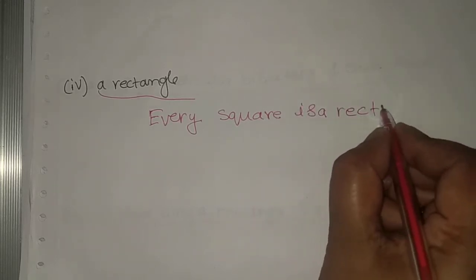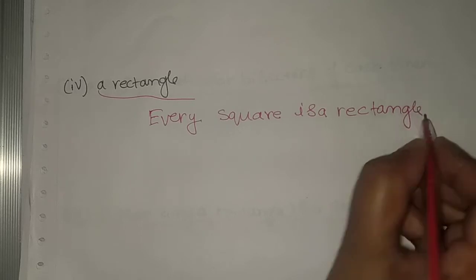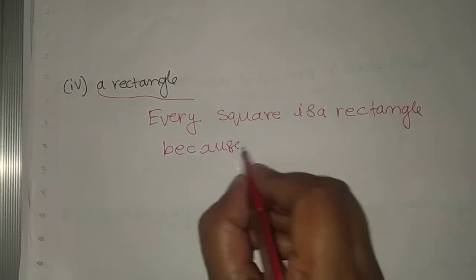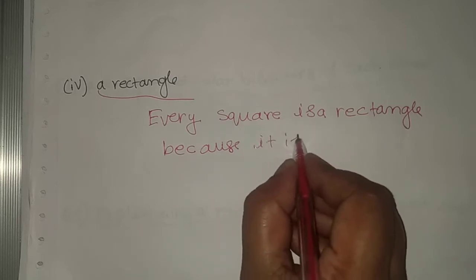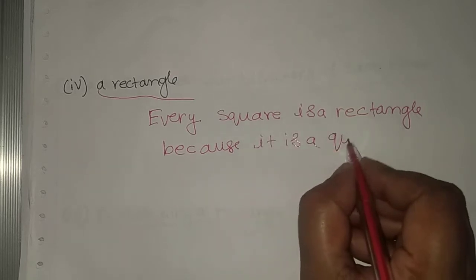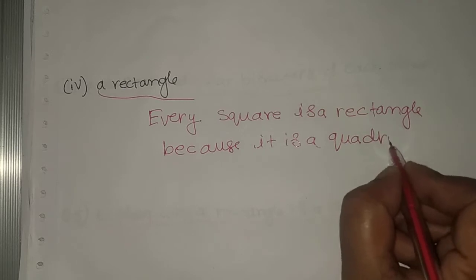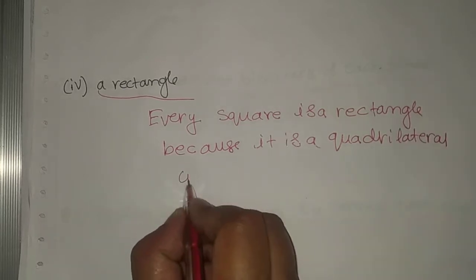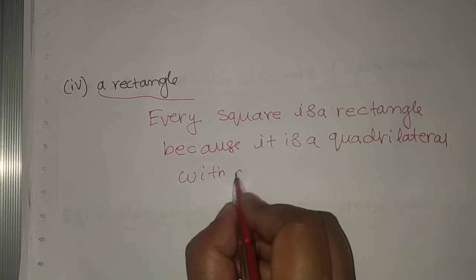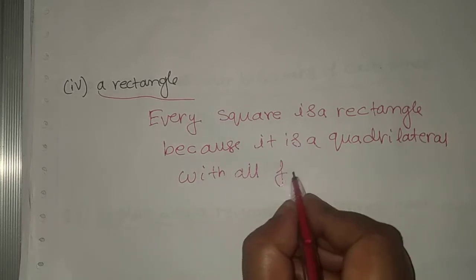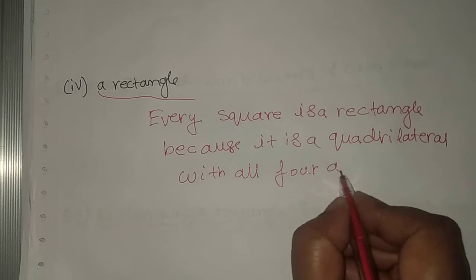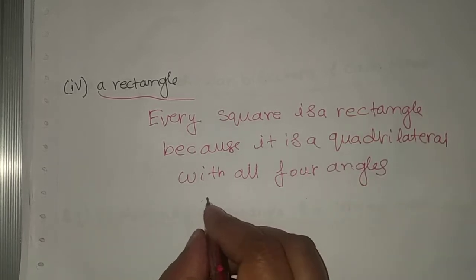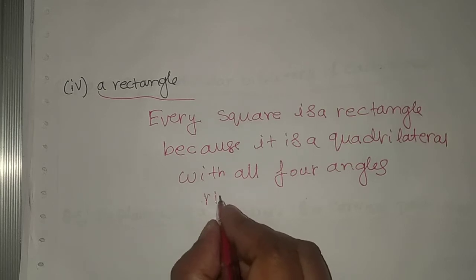Every square is a rectangle because it is a quadrilateral with all four angles right angles.